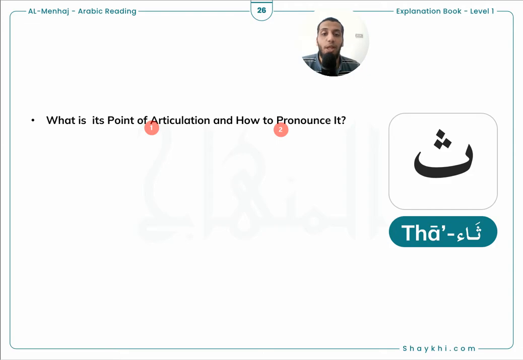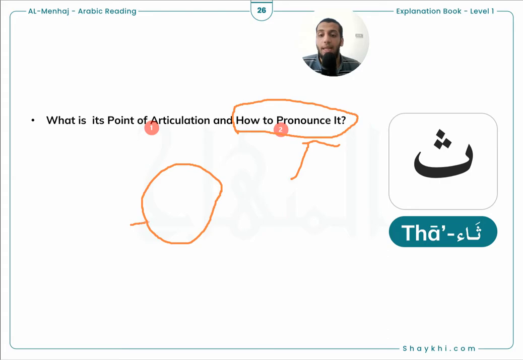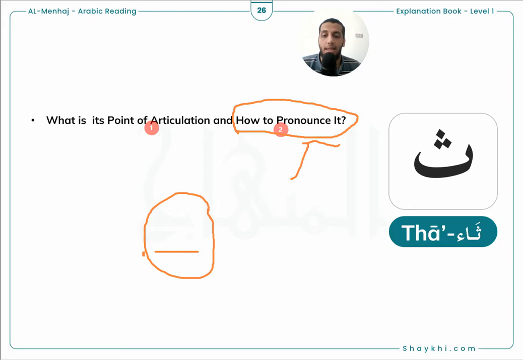So let's move now to the second part of this question, to clarify this point 100%, which is how to pronounce letter th. Remember what we said in the last episode: imagine this is the head and this is the mouth and the tongue is here.